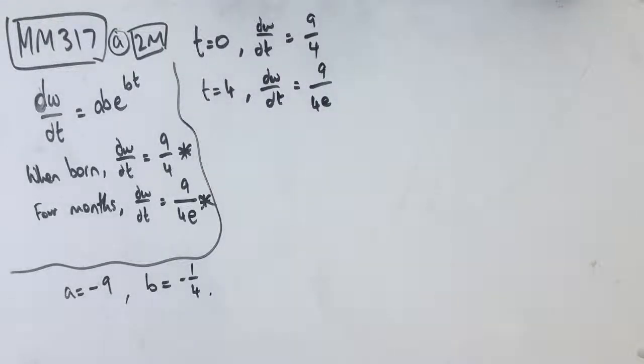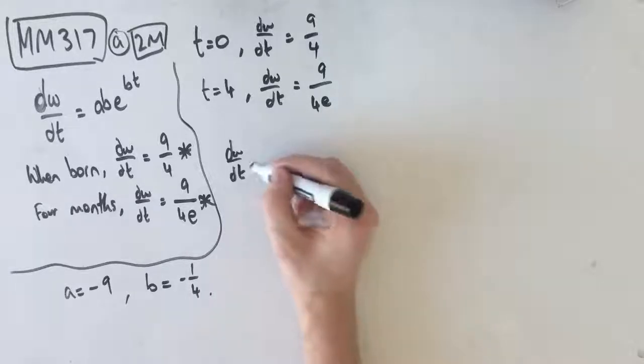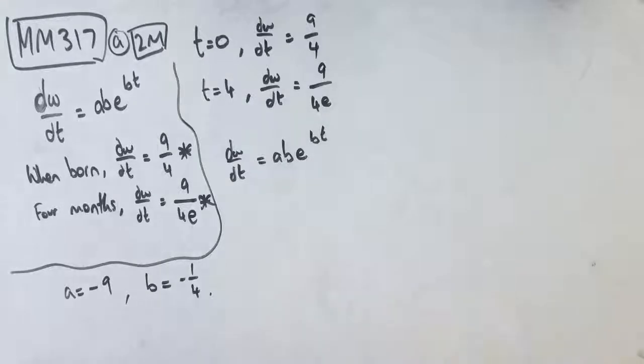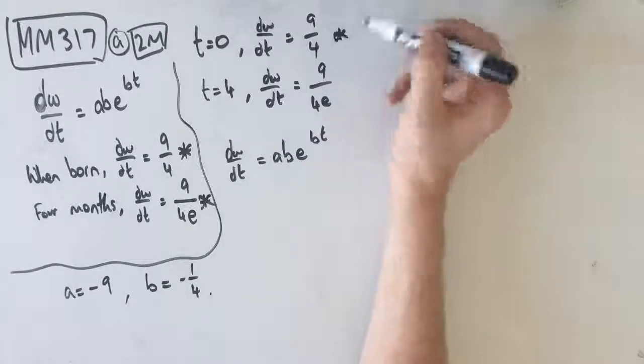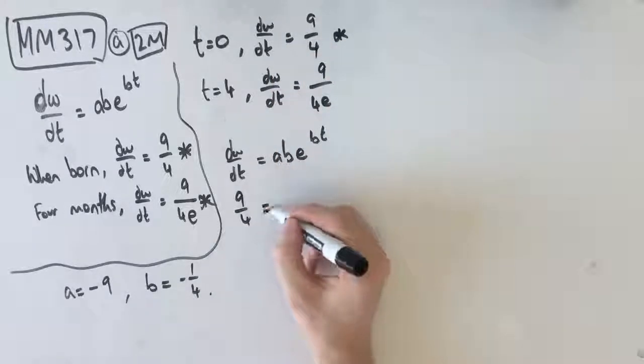Sweet. So from here, we can use this to create simultaneous equations. Let's start with the first one. We know that dW/dt is equal to a b e to the bt. Using this first piece of information, dW/dt is 9/4 when t equals 0.